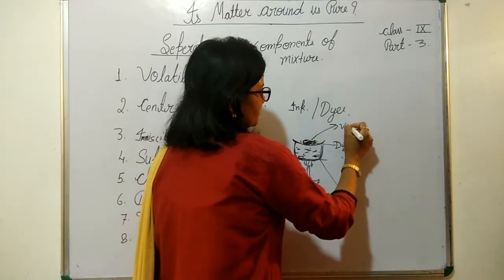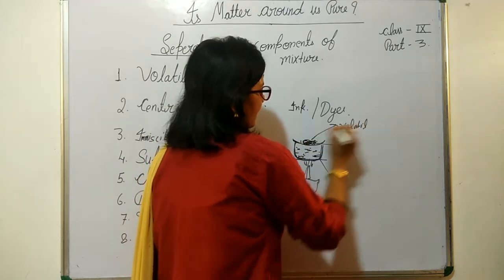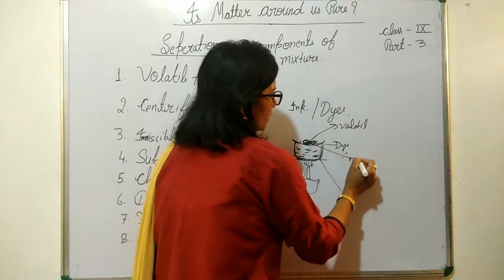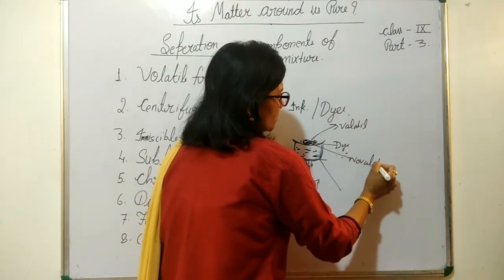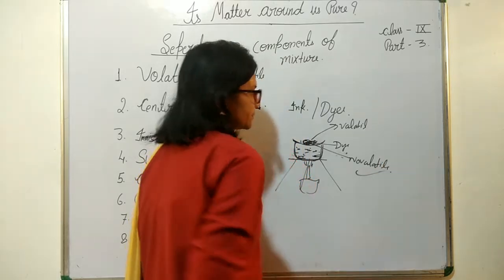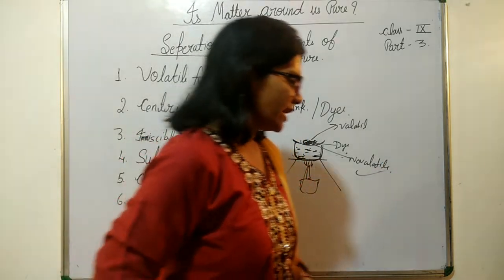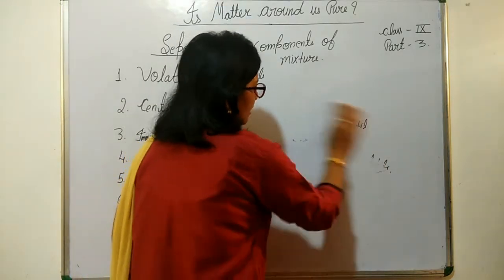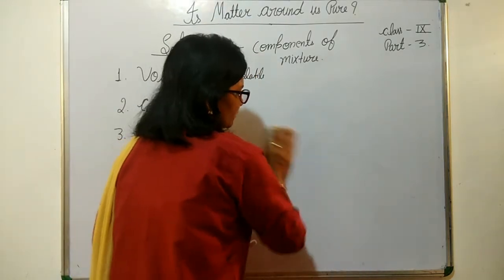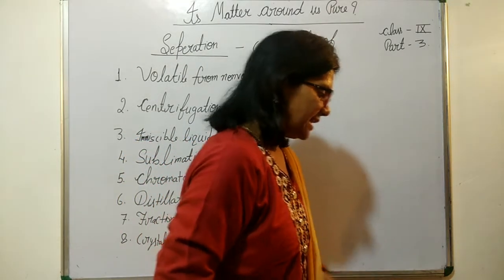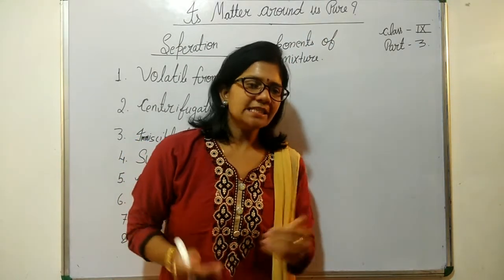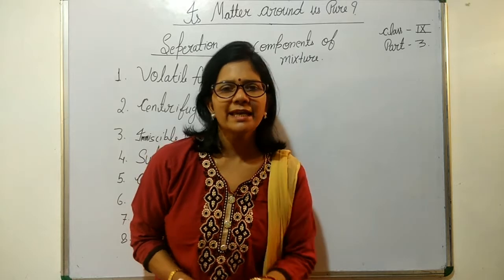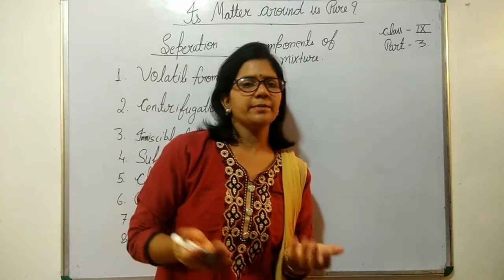The volatile substance will leave, and you will find the non-volatile substance, and now you can separate it out. So this was one method in which we can separate a volatile substance from a non-volatile substance. We can use this method on ink or some color dyes to separate them out.